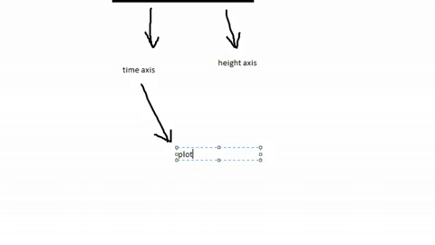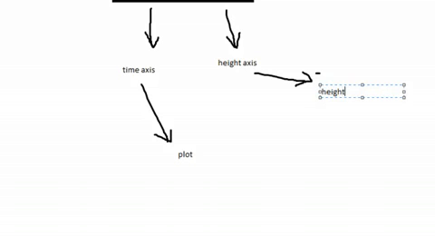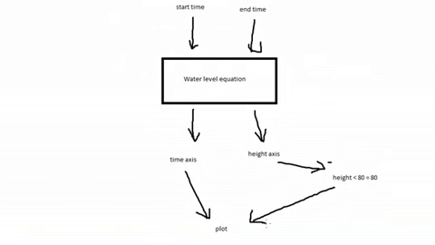But with our height axis, we need to make sure that all the heights below 80 will equal 80, because remember, when the water level sinks below the grate, the water bottle doesn't follow the water level, it'll just stay on the grate, which is at 80 centimeters. And then after that, we can finally plot it, and we've reached our objective.